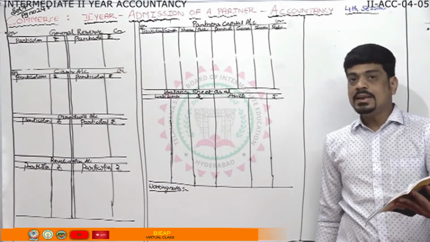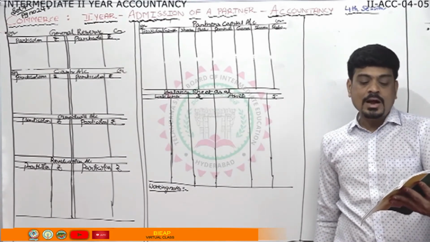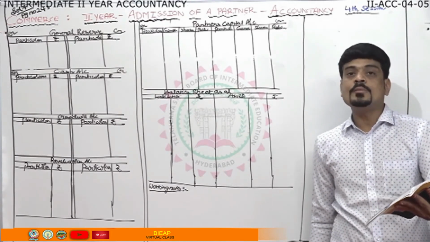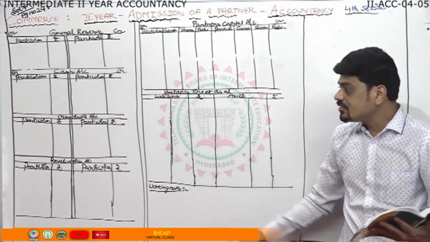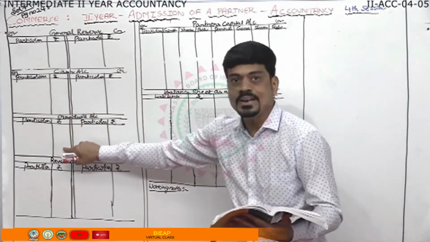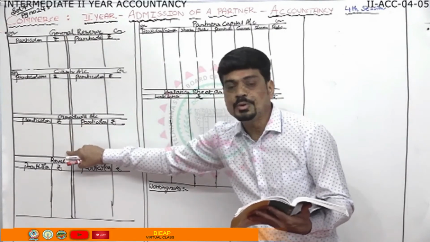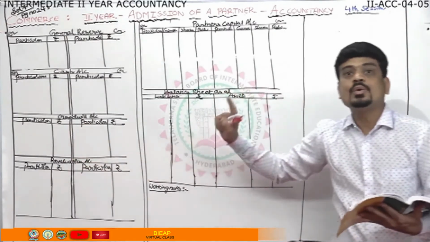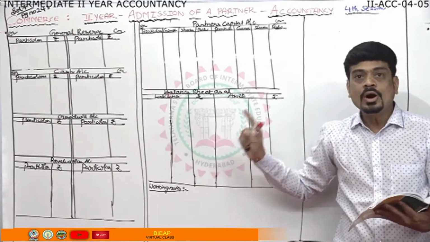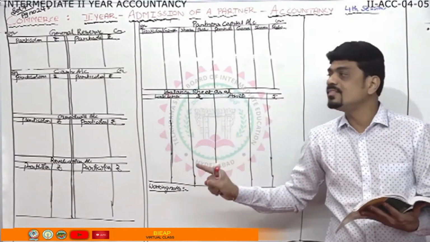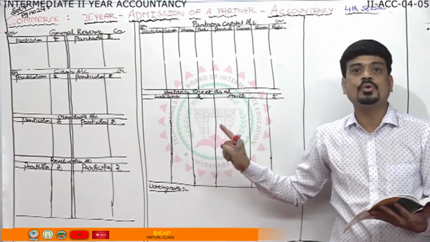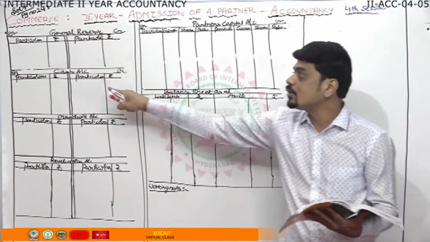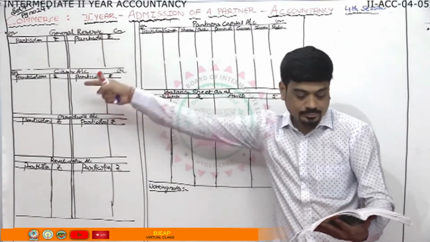In the second adjustment, they are telling that the amount of goodwill is withdrawn by old partners. Yesterday we just distributed goodwill. Today also we are distributing the goodwill, but they are going to withdraw. Already in the basic classes, I taught you the journal entry for goodwill withdrawn. That we are going to see in the cash account again.